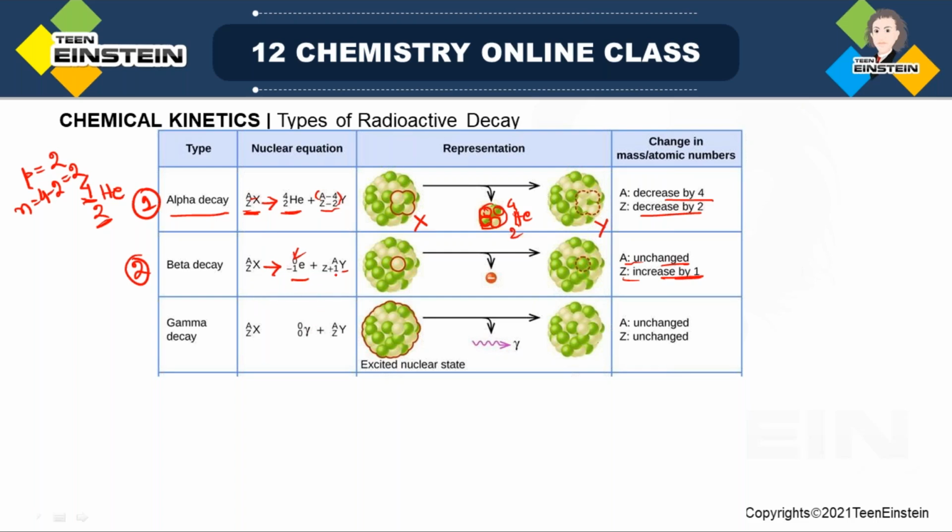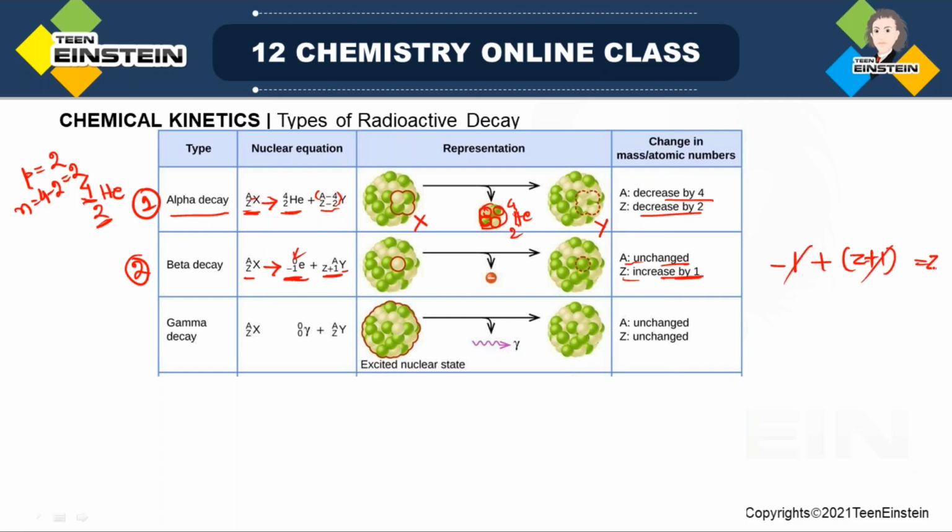Okay. And if you are having any trouble understanding how we are writing this new atomic number, this is very easy. When you add these two numbers, you should get the number which is present in the left hand side. So if you add -1 plus Z plus 1, what you get?